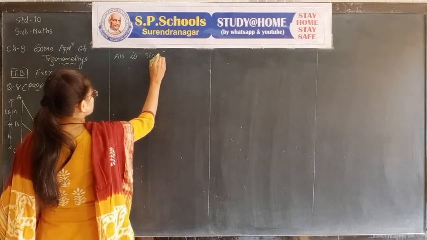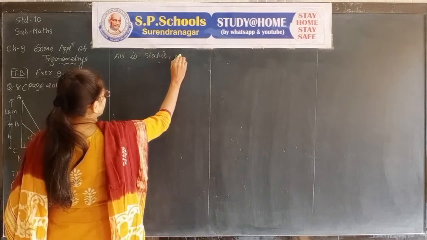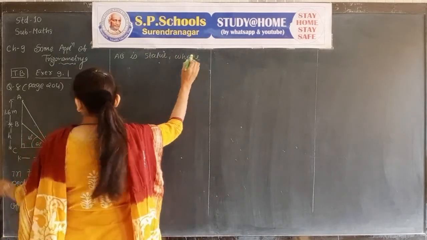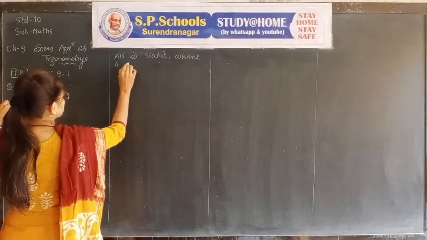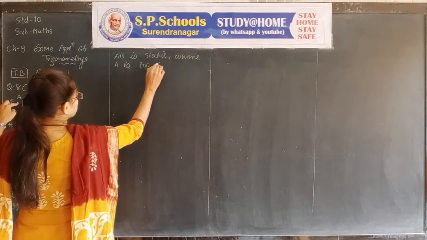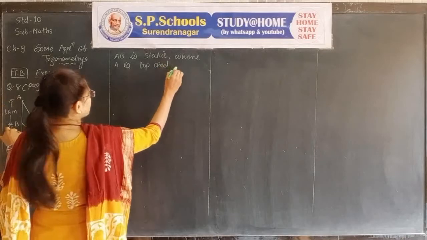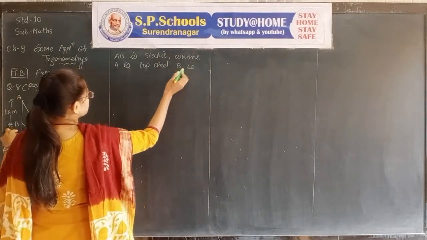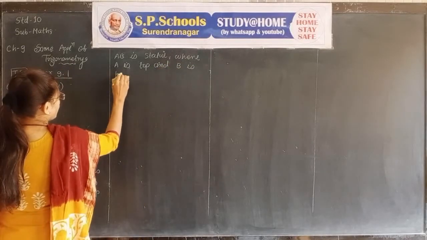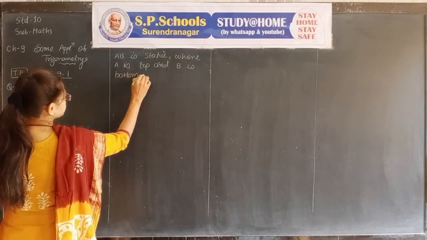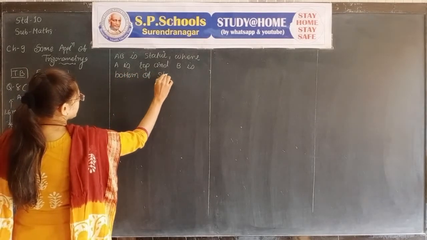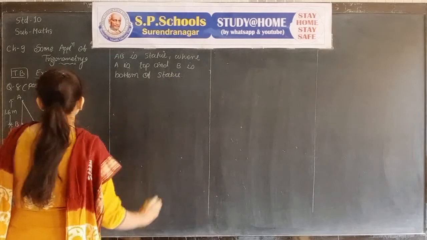AB is the statue, where A is the top and B is the bottom of the statue.